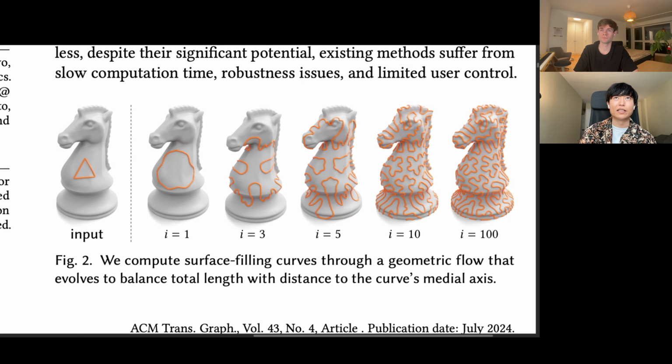That approach is sometimes really robust, but it always needs a good initialization to give to the system, so it's not applicable if, for example, you have a surface with really high genus.